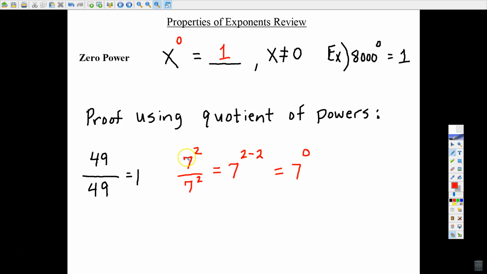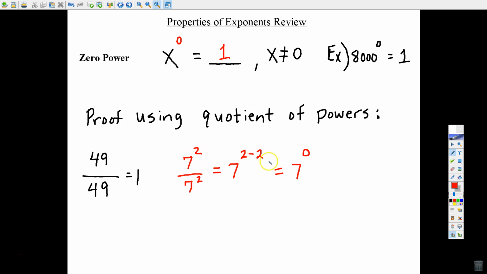Well, I just chose another way of writing 49 here in red using an exponent 2. 7 to the second, of course, is 49. So now I'm applying that rule that says if we're dividing and the bases are the same, and they are, the base in each case is 7, then I write that base and then I subtract the exponents.